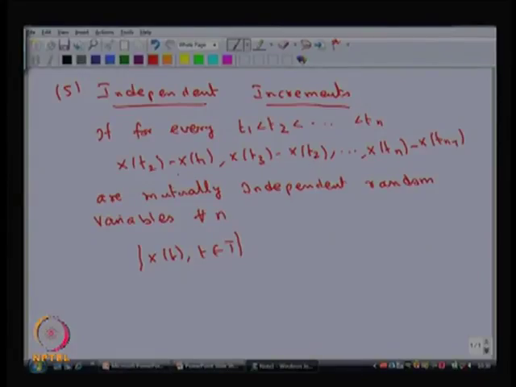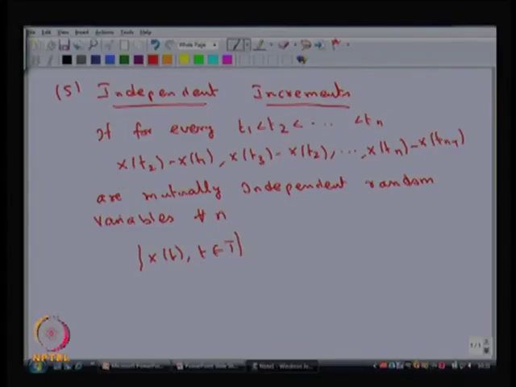Suppose these n random variables are mutually independent for all n. So, this is fixed for one n; if you go for all n and this property is satisfied, then we can conclude the corresponding stochastic process has the property of independent increments.